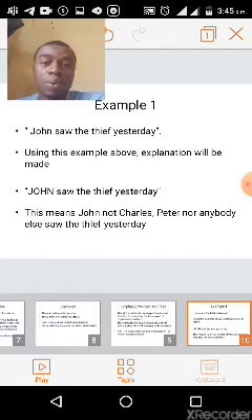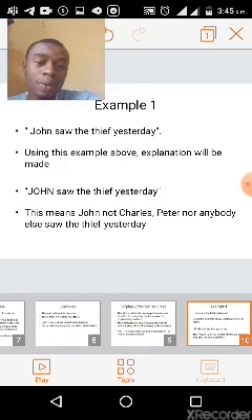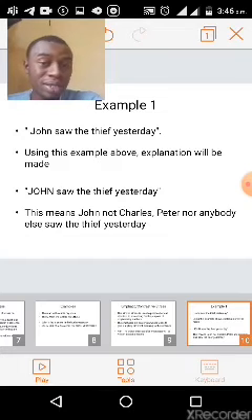We'll use this example 1: John saw the thief yesterday. Using this example, explanation will be made. Now we are going to stress John. JOHN saw the thief yesterday. This means that John, not Charles, Peter, nor any other person, saw the thief. It means that John saw the thief yesterday, not Thomas. So our attention is on John, the person who saw the thief.